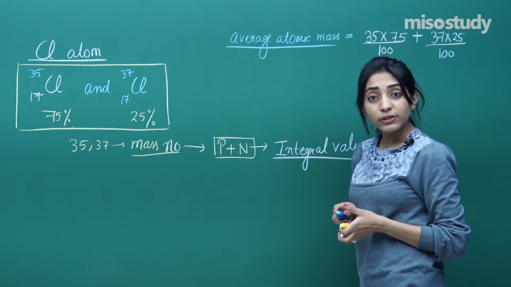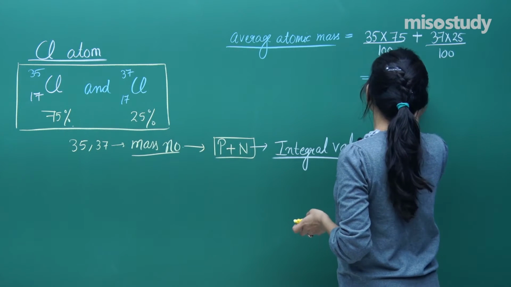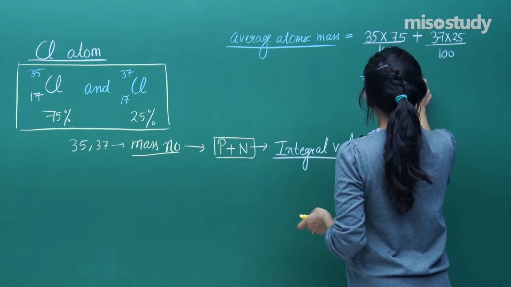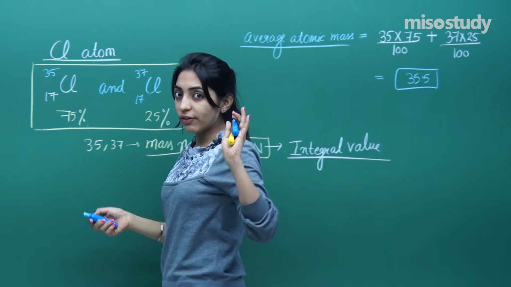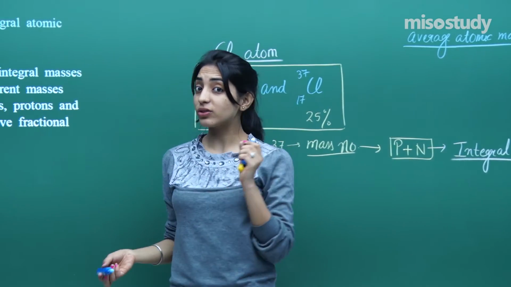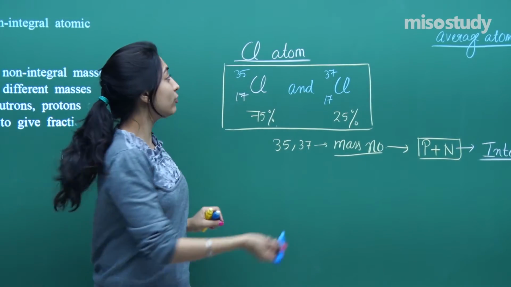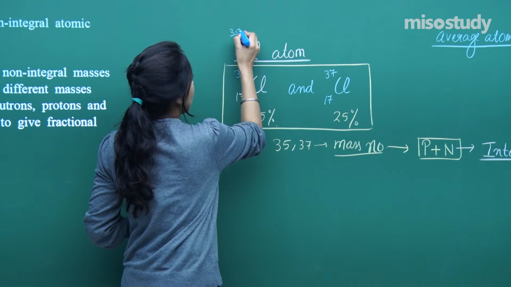Okay, and if you solve it, you will get the answer as 35.5. So in general, we can say that the atomic mass of chlorine which you will be using in questions will be 35.5.